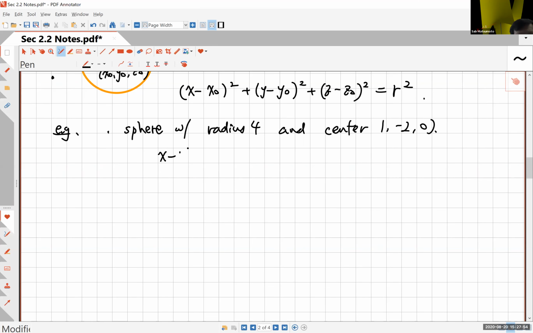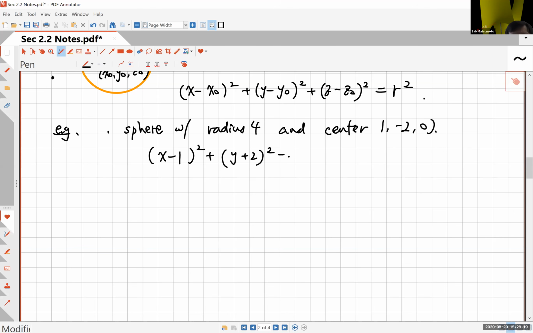X minus 1 squared plus, what is y minus -2, but of course y minus negative can be written as y plus 2 squared plus, now of course it's z minus 0 quantity squared, but you don't have to write z minus 0 quantity squared.